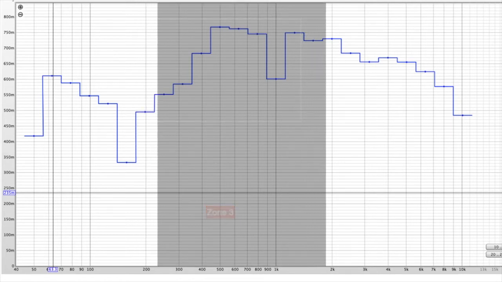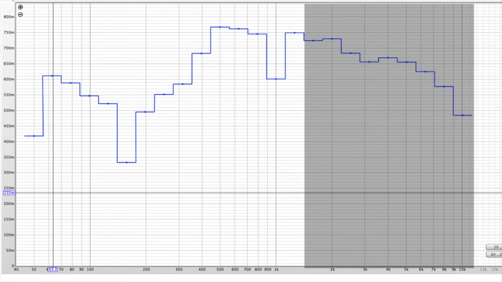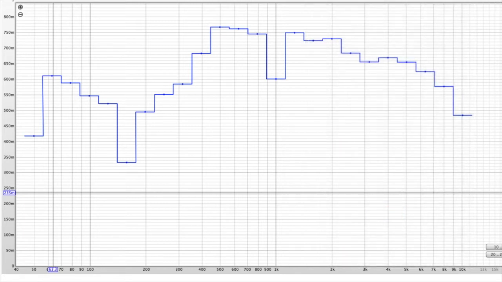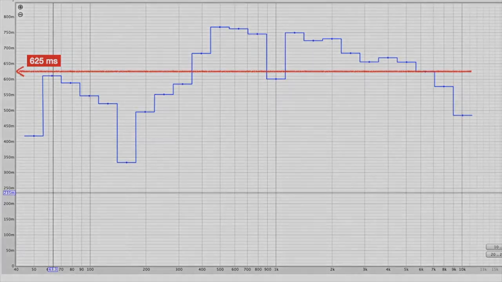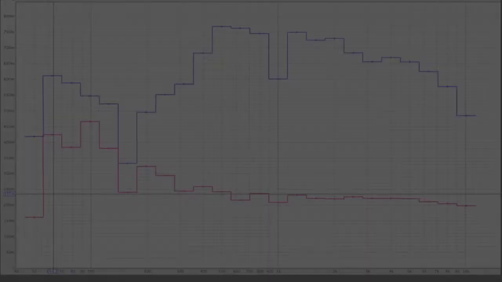And finally, Zone 4 covers 3rd octaves from 1.6 kilohertz through 20 kilohertz, and we're between 600 and 740 milliseconds. So using those, I sort of averaged out the room RT60 was around 625 milliseconds.